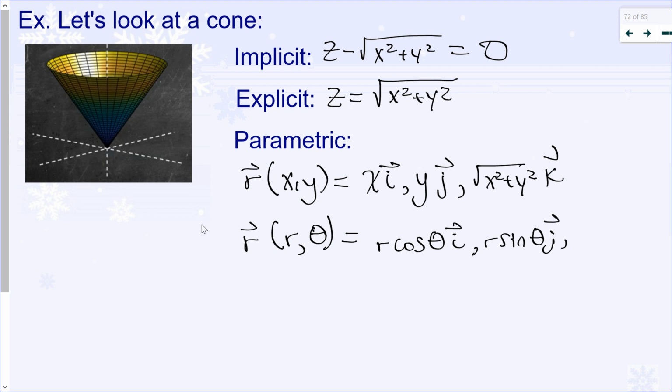Yeah, k would be r. Because if r squared is x squared plus y squared, then z would equal r, and we know z equals r is the parameterized equation of a cone.